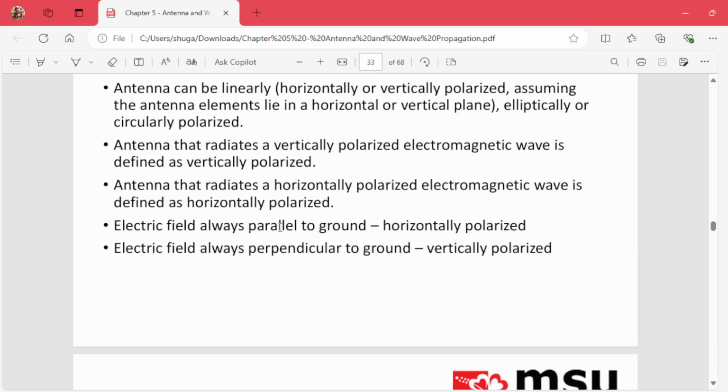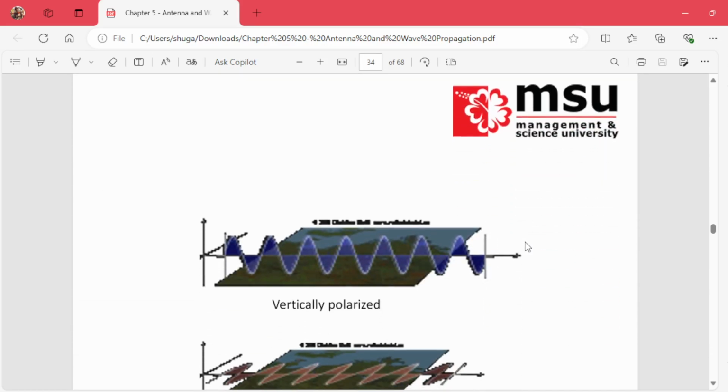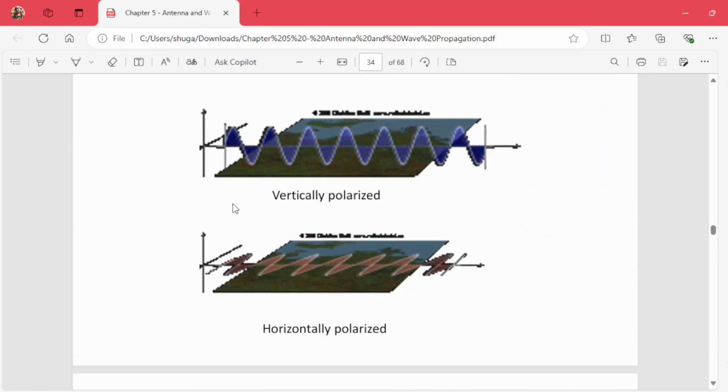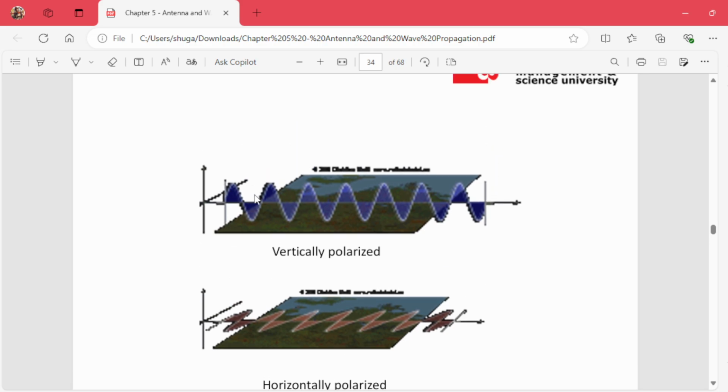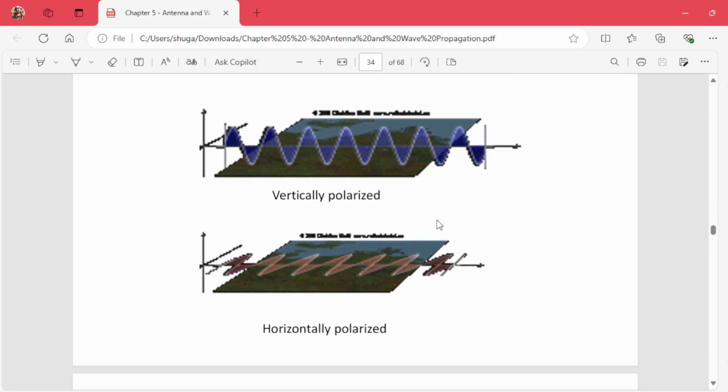For horizontal polarization, the electric field is always parallel to the ground, and for vertical polarization, the electric field is always perpendicular to the ground. As you can see from this diagram, this is the vertically polarized wave, and this is the horizontally polarized wave. It is just the orientation of the wave in which it travels.